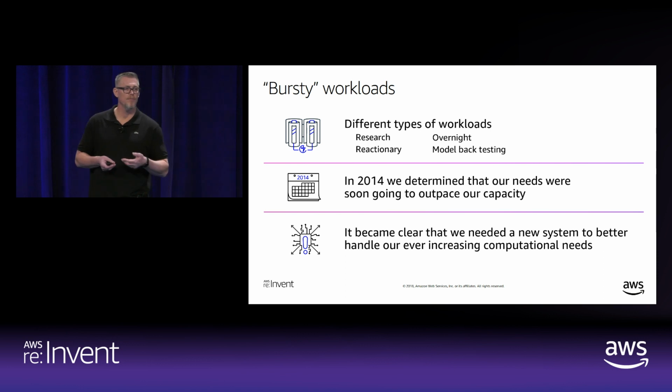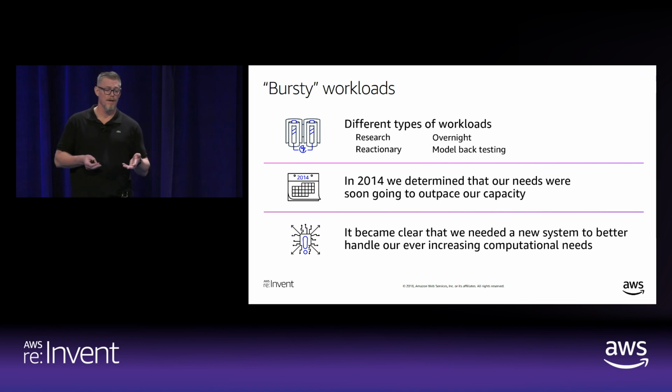In 2014, we determined that our computational needs were soon going to outpace our computational capacity. So either our data center teams were going to need to get really busy racking and stacking new hardware, or we were going to have to change the way we did things. We decided to do a POC in a public cloud. So we took one of our proprietary scheduling systems, and we moved it into a public cloud, and we used it to drive a 45,000 core model backtest workload.